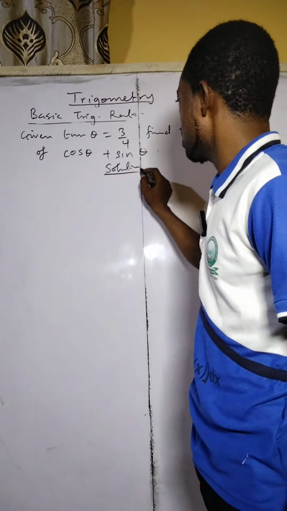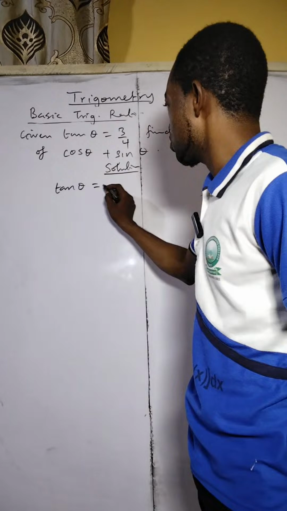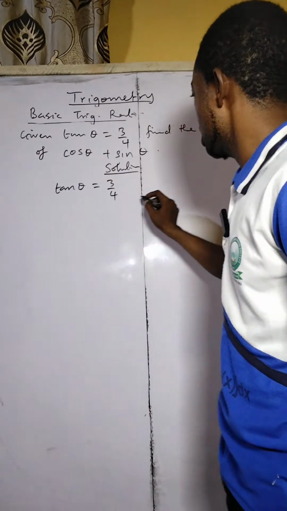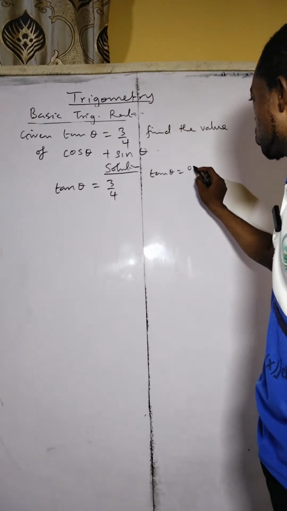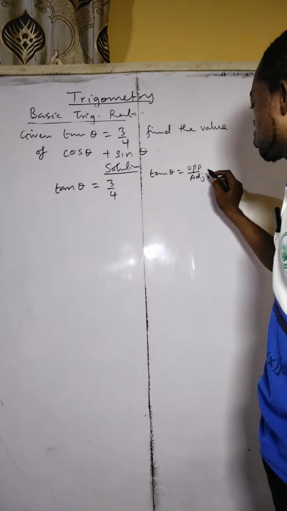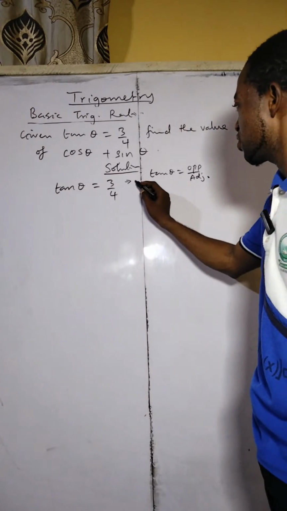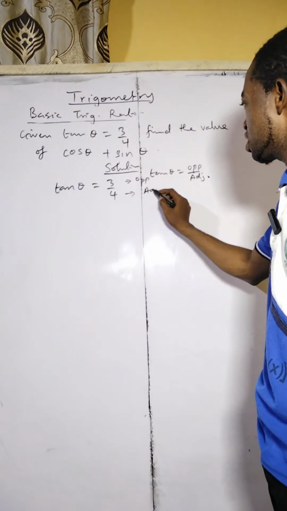Once we are given this, we understand that since tan theta equals 3 over 4, and tan theta is always opposite over adjacent, it means 3 is serving as opposite, while 4 is serving as adjacent.